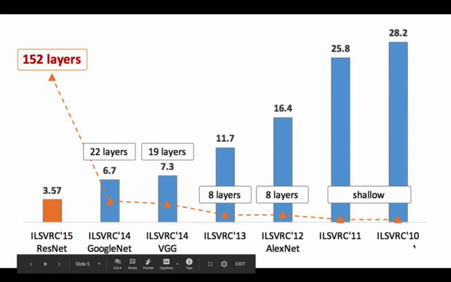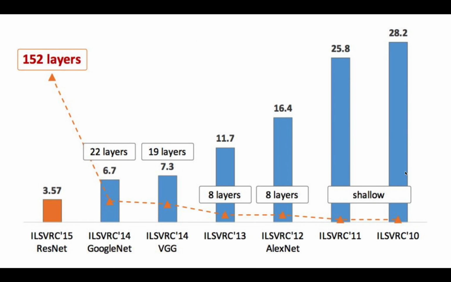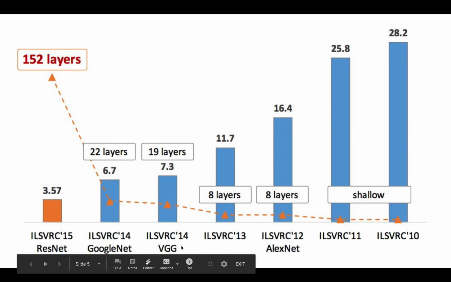In 2010 the classification error was 28%, then it decreased by changing the algorithm to 25%, then 16%, then 11%, then 7.3% in the 2014 ILSVRC competition. At the same time GoogleNet also got 6.7% error. The first winner was GoogleNet, but the second winner was VGG.